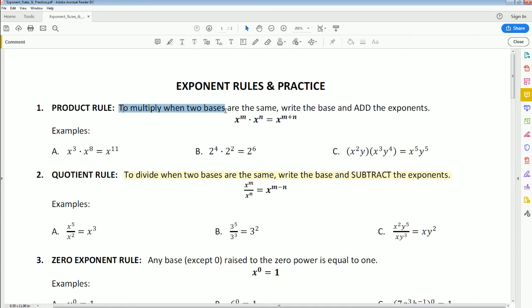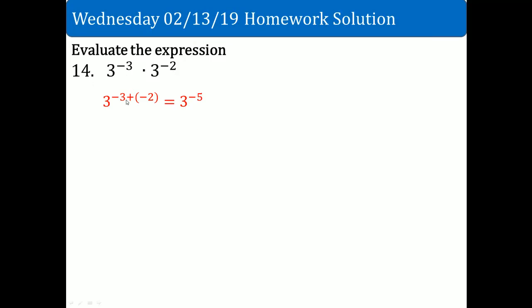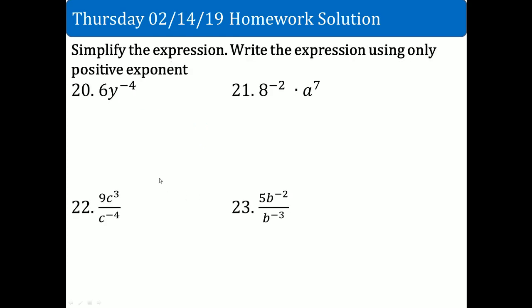To multiply when two bases are the same, you add the exponents. Negative 3 plus negative 2 is negative 5. If this doesn't make sense, grab a calculator. Okay? You cannot leave it in terms of a negative power, so divide by 1 to turn it into a fraction. Bring it down. The sign changes on the exponent to a positive. You leave your answer as that.